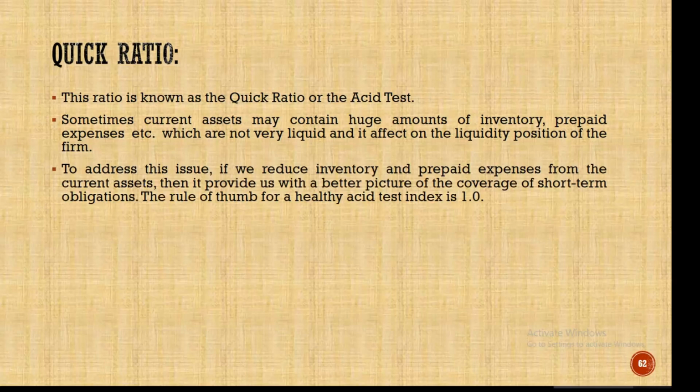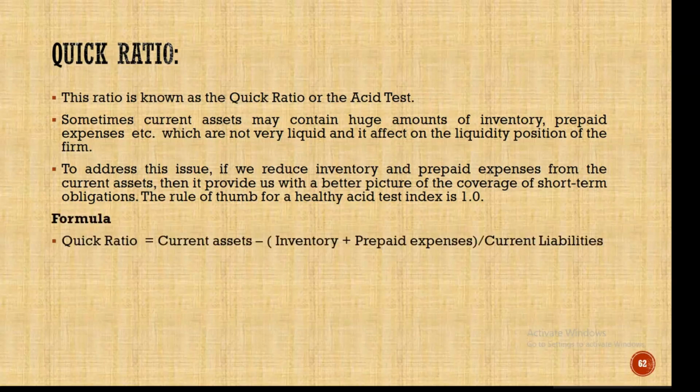To address this issue, if we reduce inventory and prepaid expenses from the current assets, then it provides us with a better picture of the coverage of short-term obligations. The rule of thumb for a healthy acid test index is 1.